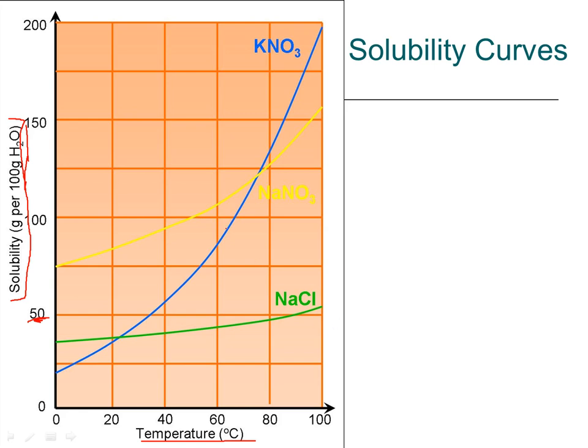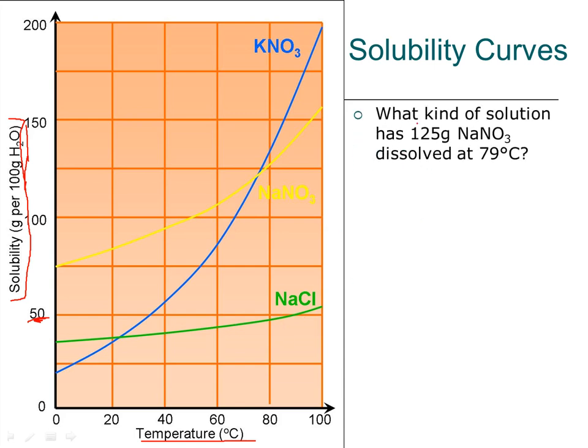It's not the same for each solute though, so we can show this as a curve. Then we can see if we can apply this. So, for example, what kind of solution would have 125 grams of sodium nitrate dissolved at 80 degrees? So you look at your graph here and you say, okay, well here's 80, and I want to look at sodium nitrate. So if I look at sodium nitrate at 80 degrees, we're talking about right here.